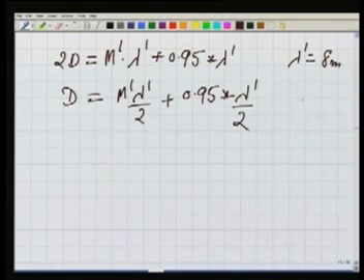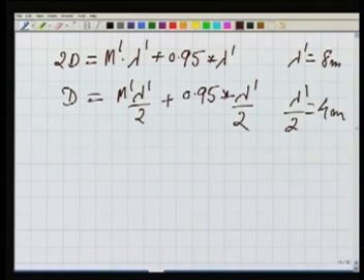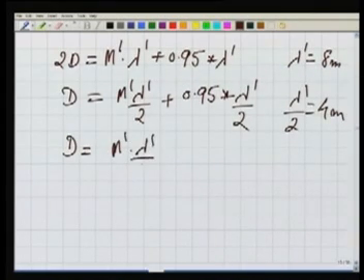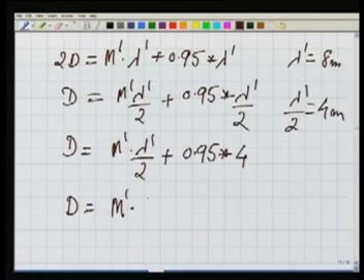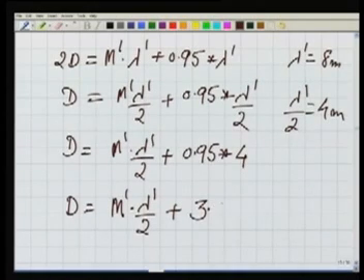So, lambda dash by 2 is 4 meters. Well, you can compute now D will be m dash into lambda dash by 2 plus 0.95 into, over here the value is 4. If you compute it further, m dash into lambda dash by 2 plus, this comes out to be 3.80.